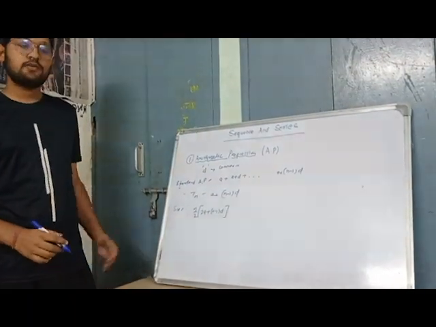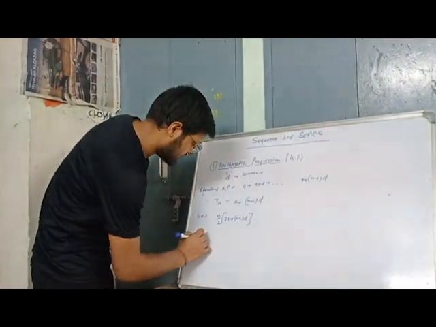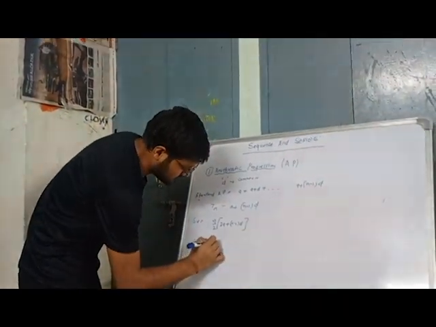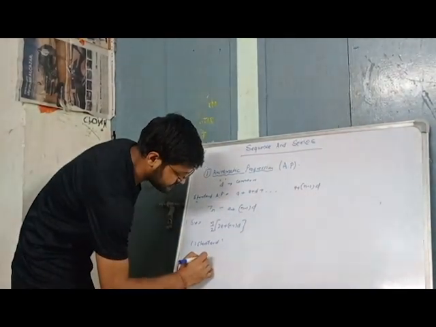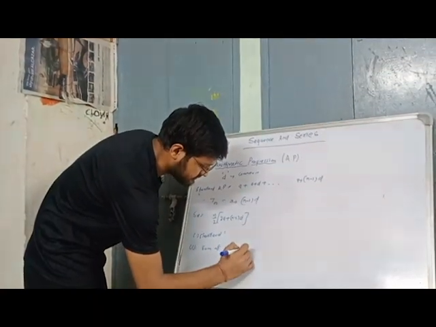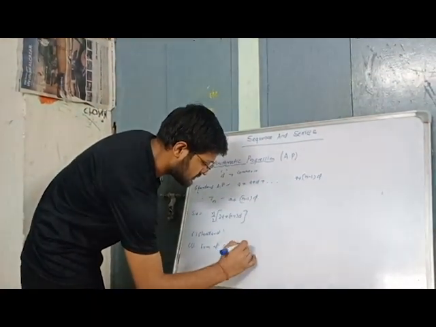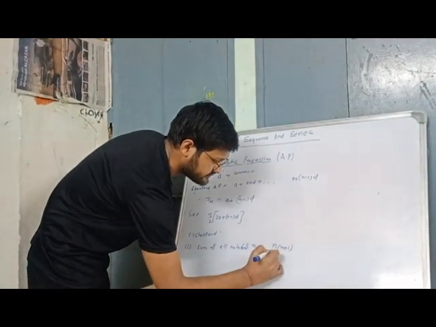For easier calculation, we have to remember some basic or standard formulas also. First, the sum of the first n natural numbers, which will be n into (n plus 1) by 2.